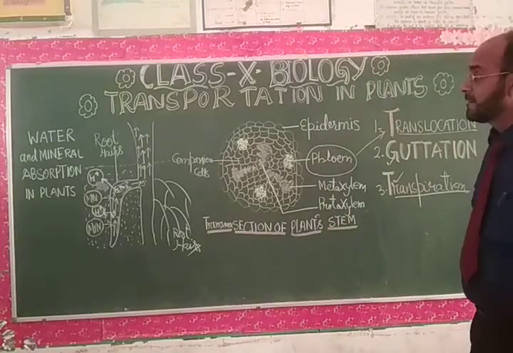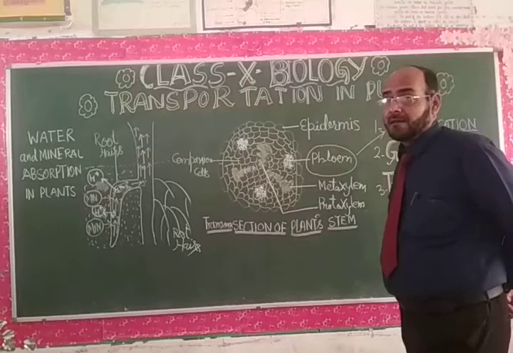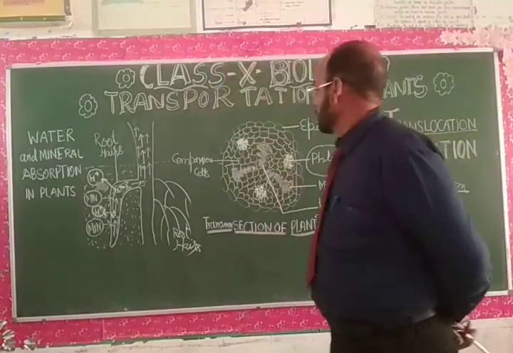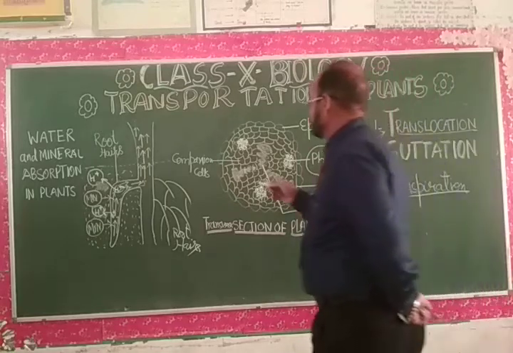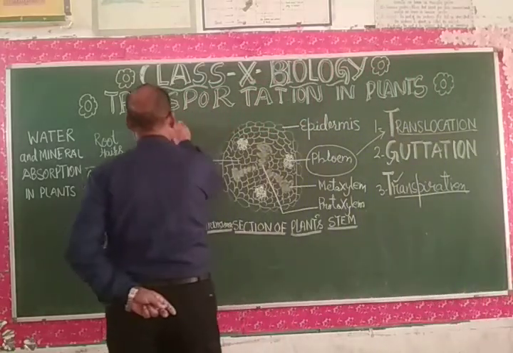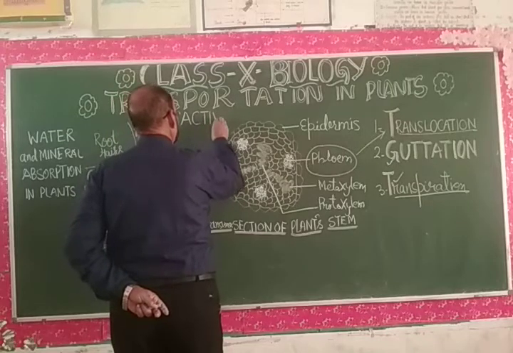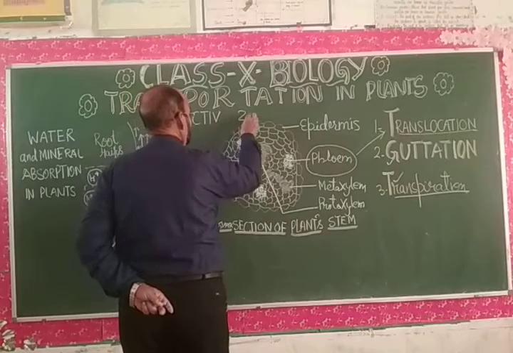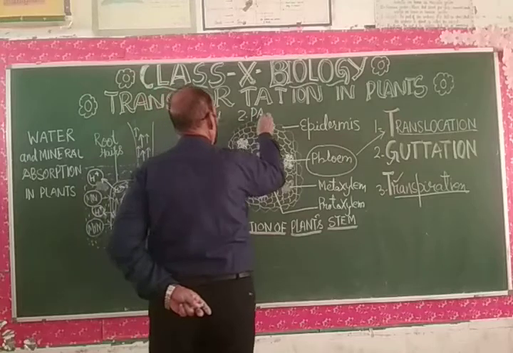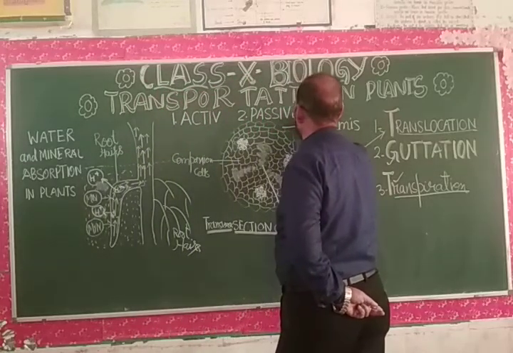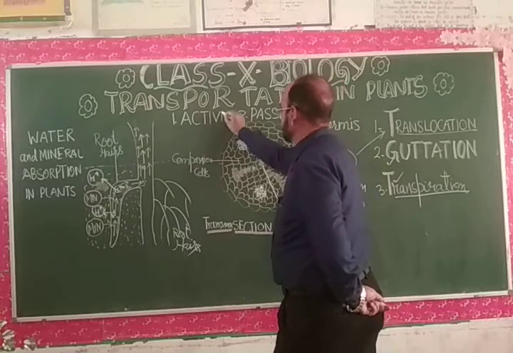Dear students, in this transportation process, there are two types of transport. Number one, active, and number two, passive transport. So there are two types of transport, active and passive.